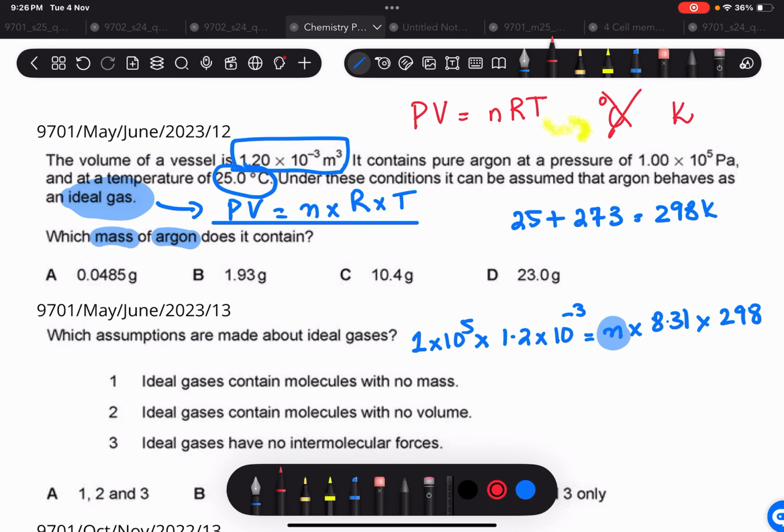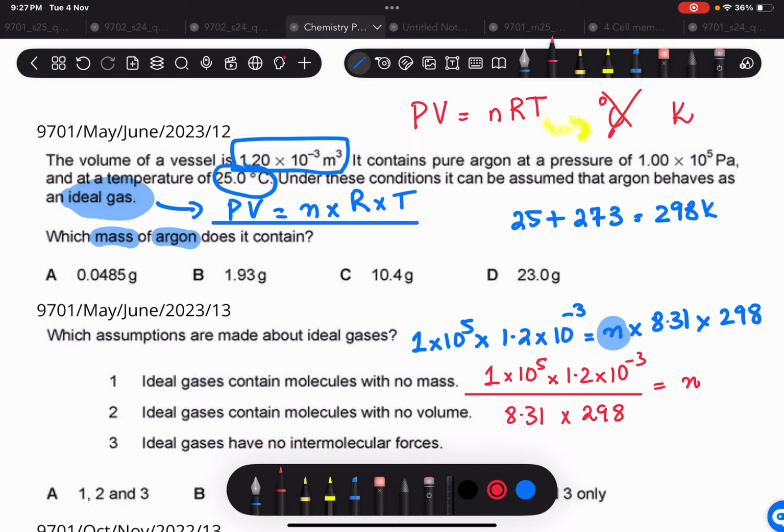Okay, so now let's make n the subject of the formula. 10 raised to power 5 into 1.2 into 10 raised to power negative 3 upon 8.31 into 298 equals my number of moles.